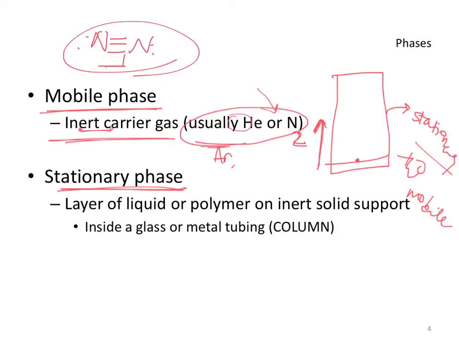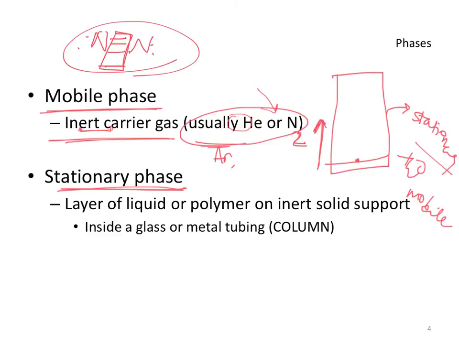Notice there are 3 bonds, so nitrogen is actually a very stable gas, and it won't go through a bond breakage, and it's not going to react with anything and everything. So that's the reason that nitrogen could be used, not air, because air is 20% oxygen, but nitrogen, helium, or argon. It has to be inert in nature.